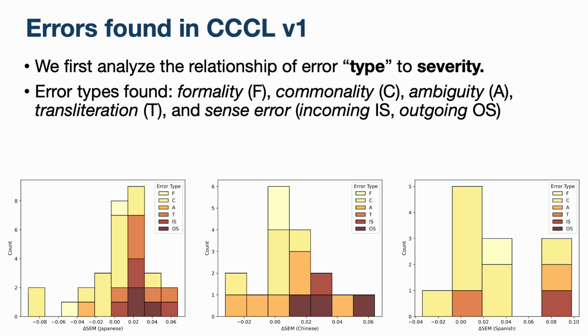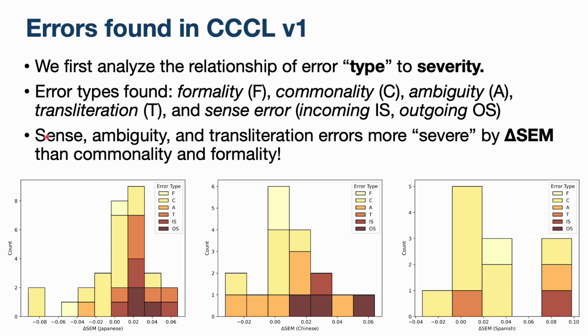Ambiguity and transliteration errors, which mostly deal with collisions. And then sense errors, such as translating rock to mean rock music rather than a stone. We find that some error types, in particular sense, ambiguity, and transliteration, are much more severe than those commonality and formality translation errors, as depicted by these histograms.